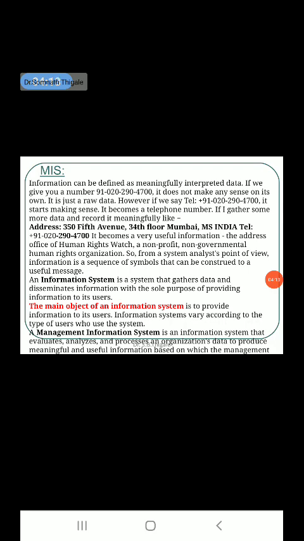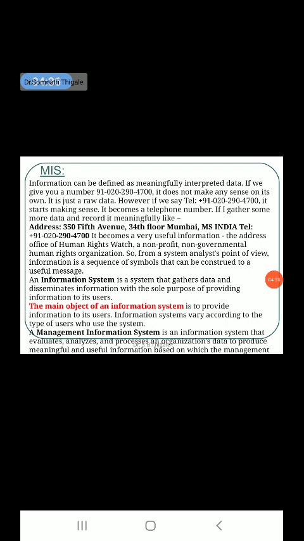So an information system is a system that gathers data and disseminates, that is extracts and collects from it, information with the sole purpose of providing information to its users. Whatever data you give, we will try to cover it with some specific information.